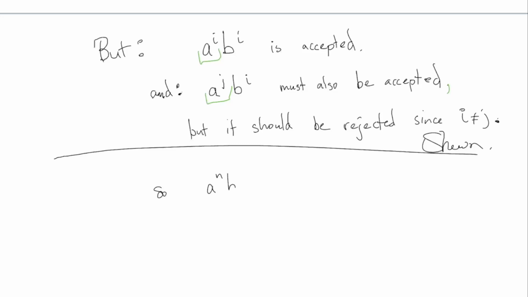Yeah, so A to the n, B to the n is not regular. All right. So there are languages that you can't do on a DFA. That's the whole point of this discussion here. There are many others also, although the one thing that is a little unsatisfying about this little proof that we did here is that this proof was really very specific to this language.